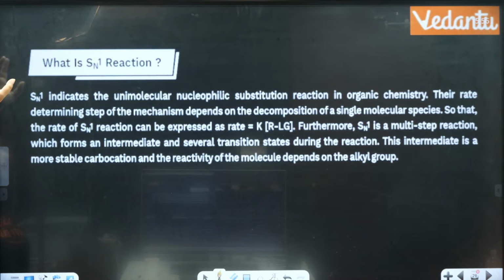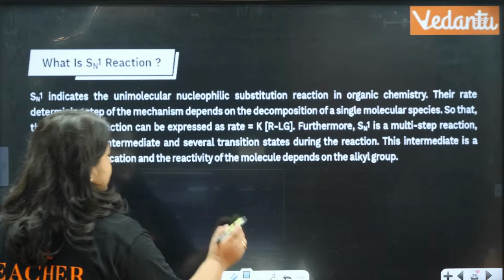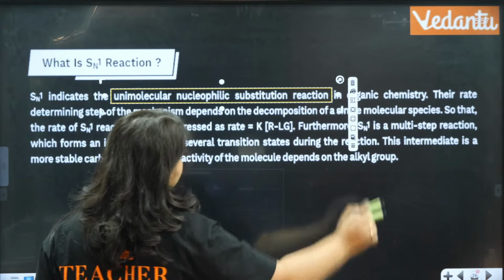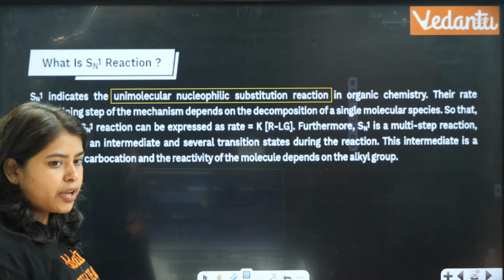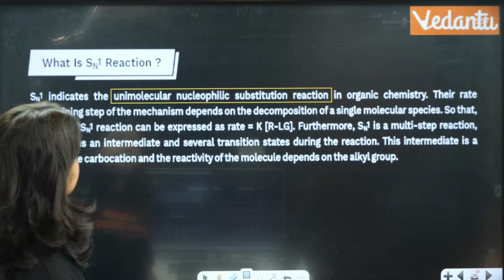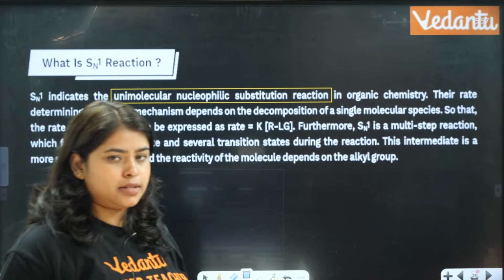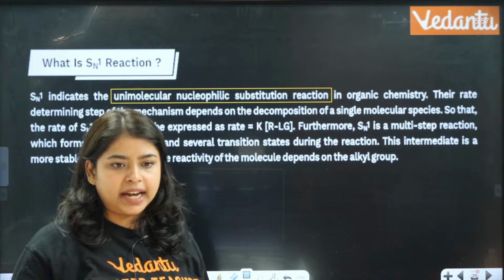SN1 indicates the unimolecular nucleophilic substitution reaction, also called SN1 in organic chemistry. The rate determining stepwise mechanism depends on the decomposition of a single molecular species. Only a single molecule decomposes by the nucleophilic attack.